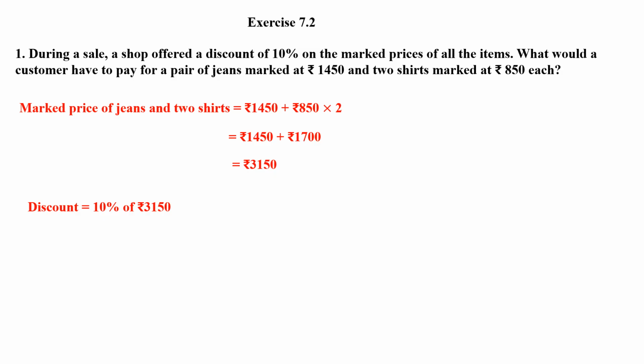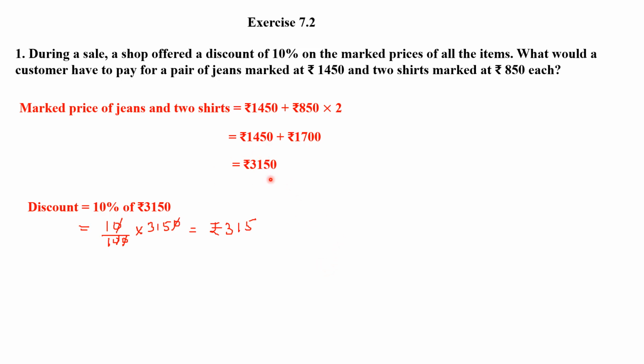So we have to calculate it. 10% means 10 by 100 multiply by 3150 rupees, and when you further simplify it, you will get the discount amount is 315 rupees, isn't it? Now what you have to find, how much he will pay to the shopkeeper, right?